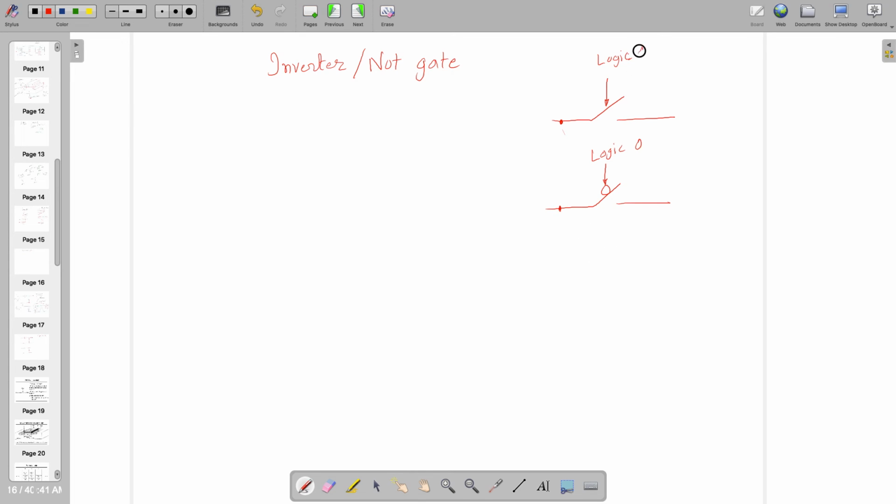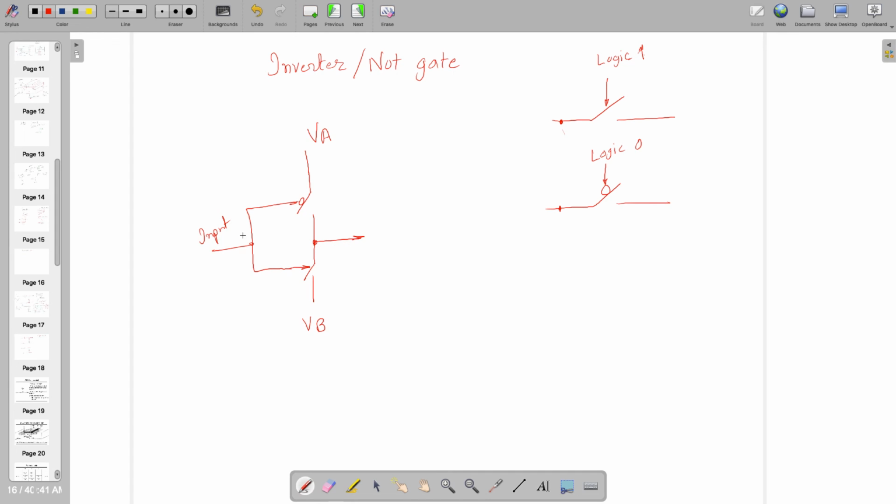But in other operation, it's open circuit. Right? So these are the switches. There are two switches. So let's assume that I'm making a circuit which looks like this one. So here is input, here is VA, here is VB.